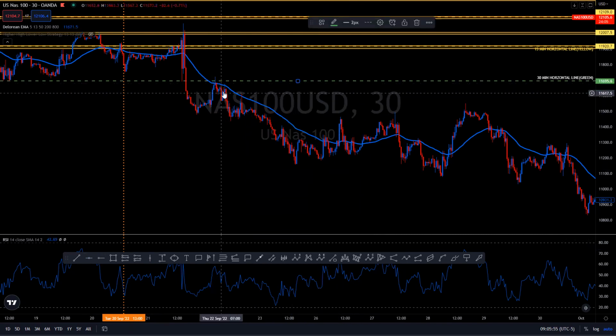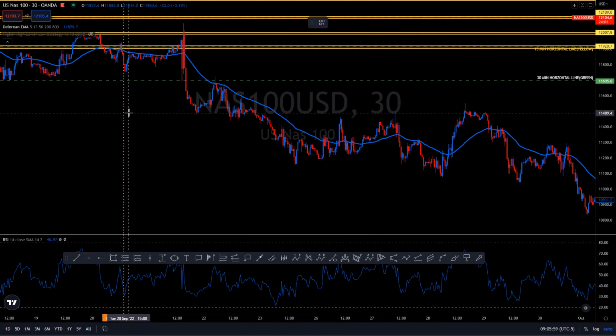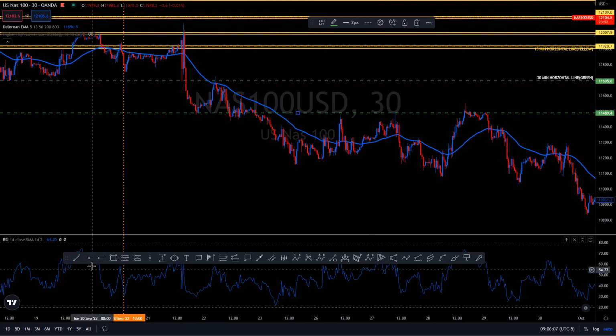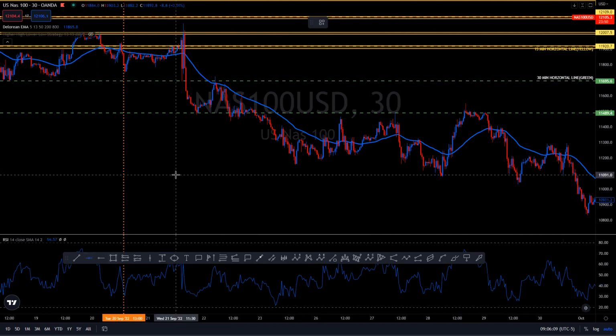So there's a huge supply here that should push price down to this point. Price respected this area as a demand, and then as a supply when it got to this level. So that's a valid zone area there.